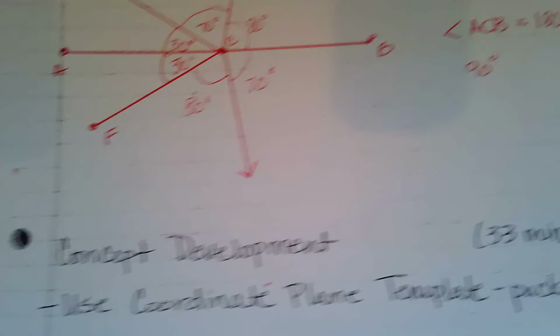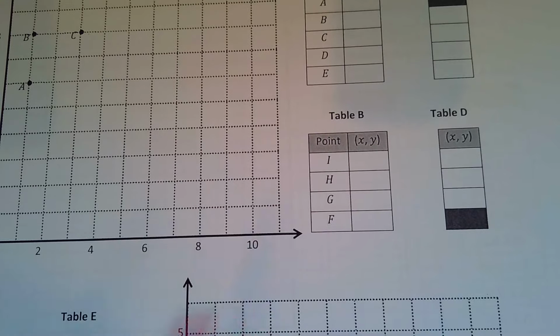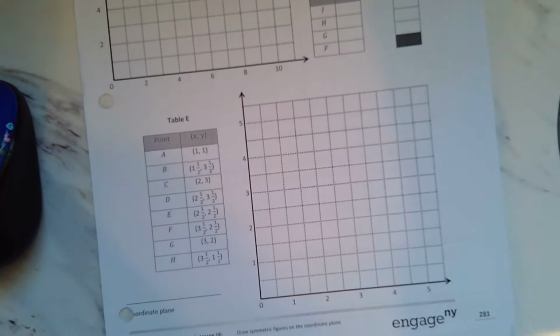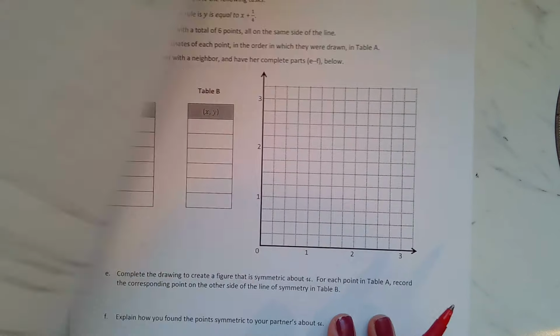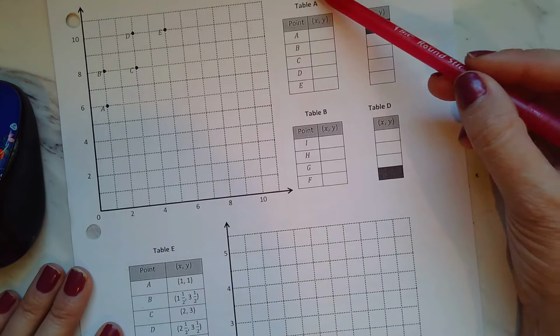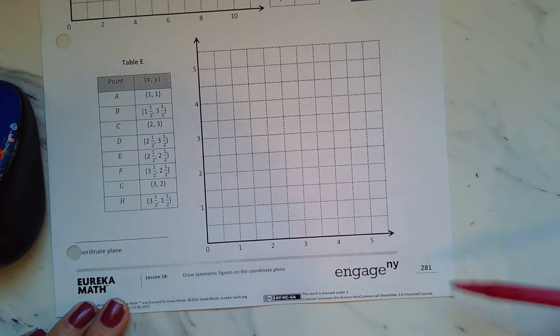All right, that will do it for our fluency for Module 6, Lesson 18. When you come back, you are going to need this page right here, it's attached to your problem set. It's the Lesson 18 template, page 281.